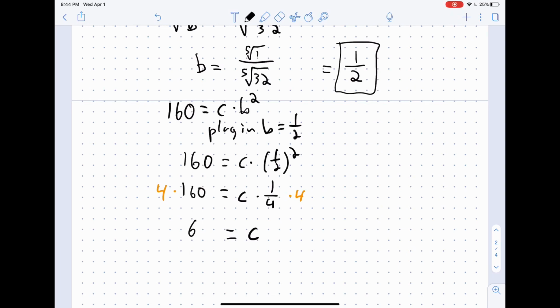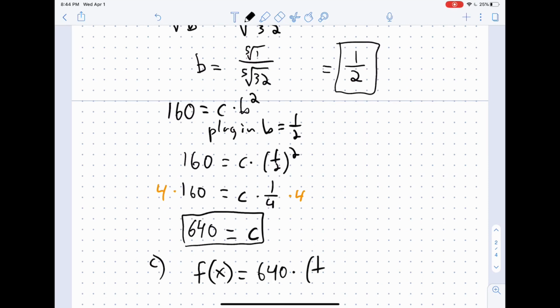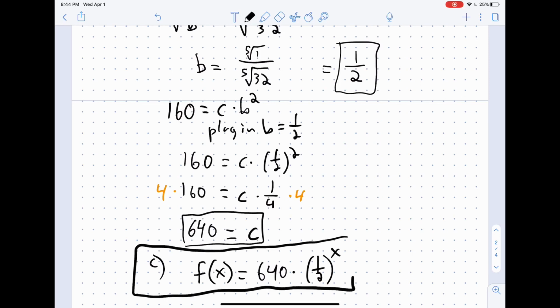So, unless I've mentally calculated wrong, I have that c is equal to 640. And what is our final answer for this thing? Well, they want to know what is a formula for this function. This is in part C, and the answer is f of x is equal to 640 times 1/2 to the power x. That's my final answer for part C.